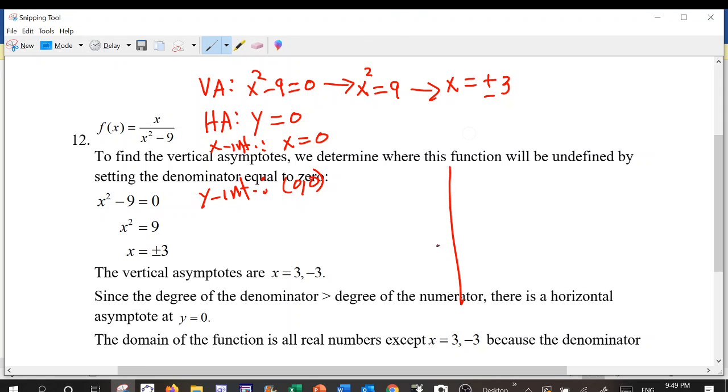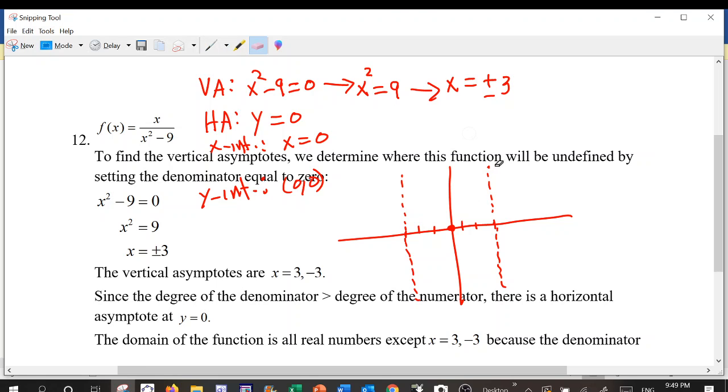So if you graph this, you're going to see, 1, 2, 3, that's what? 1 vertical asymptote, and 1, 2, 3 is another vertical asymptote. x-intercept is at 0, y-intercept is also at 0, right? So that's the same.